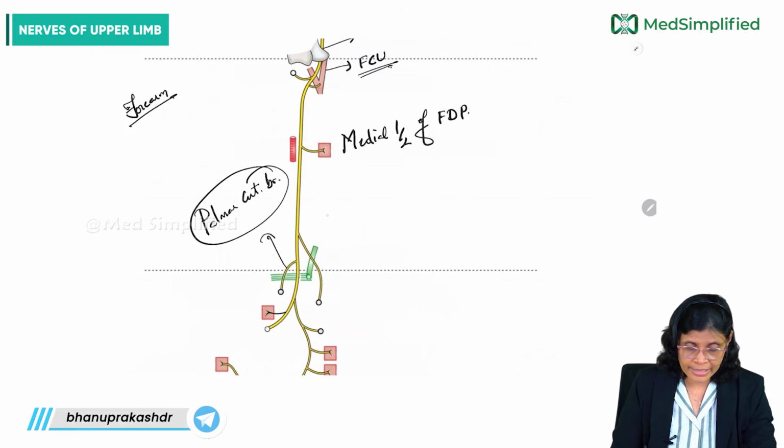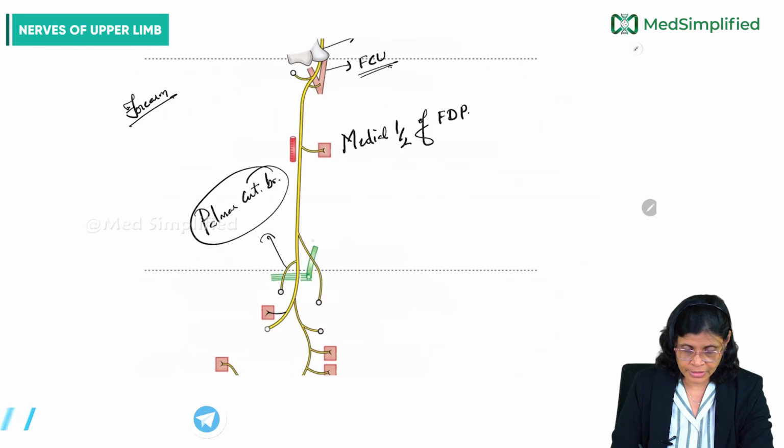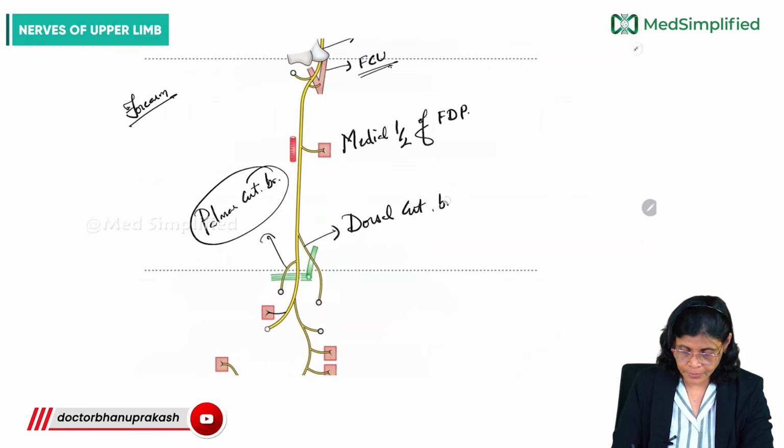As well as that, in the distal forearm about 5 cm from the wrist, it gives the dorsal cutaneous branch.